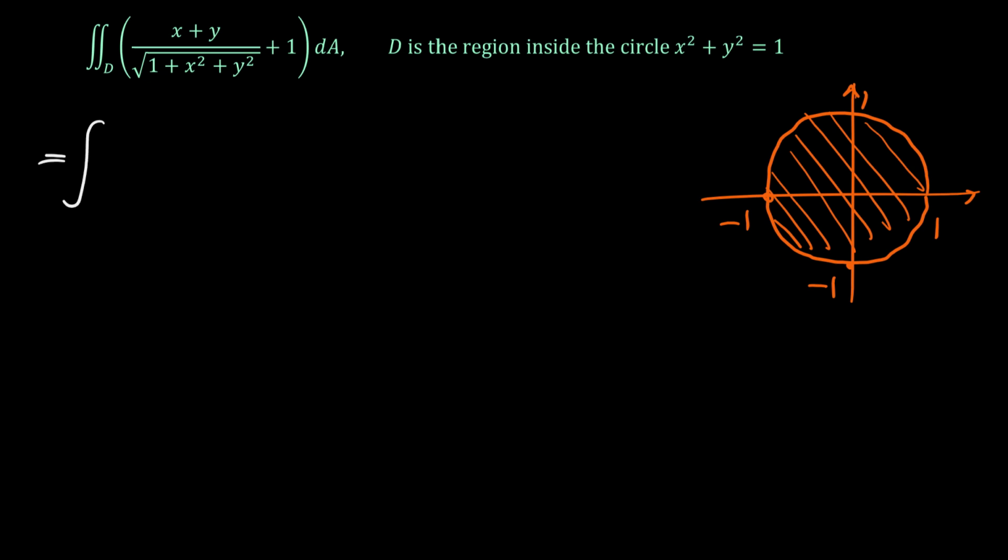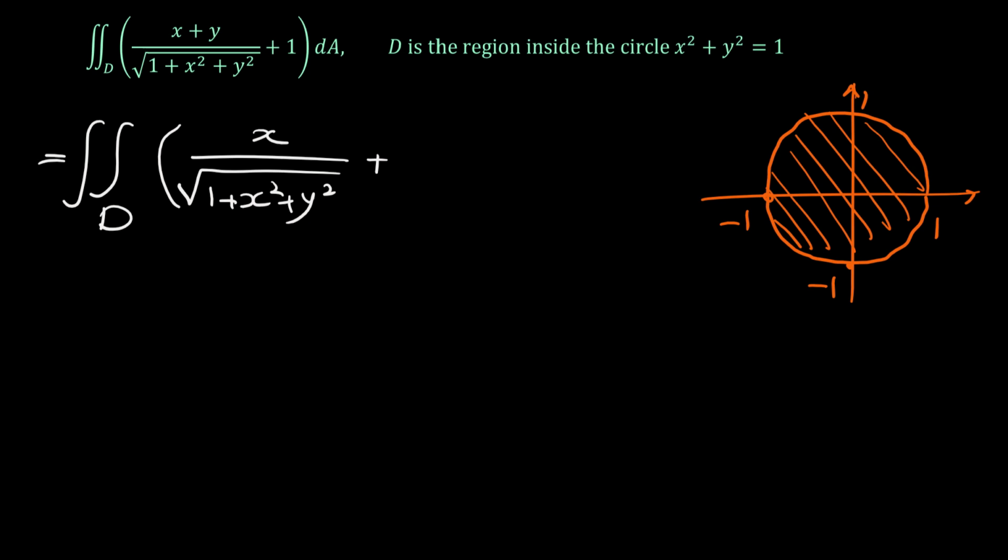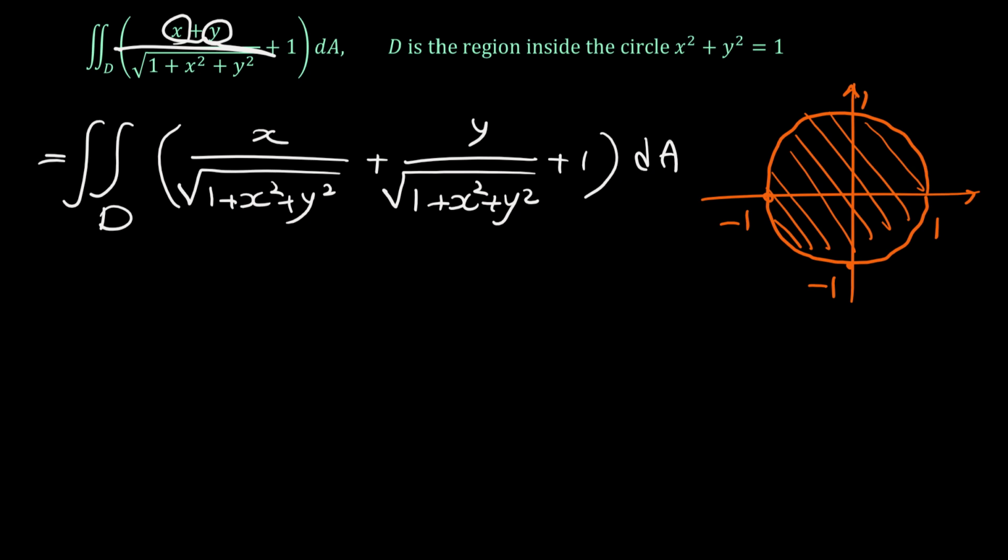We can write this double integral in the form of the double integral of the function x over square root of 1 plus x to the 2 plus y to the 2 plus y over the same. So I am dividing the terms in the numerator over the denominator. So basically we have the same function, but I prefer to write it this way.